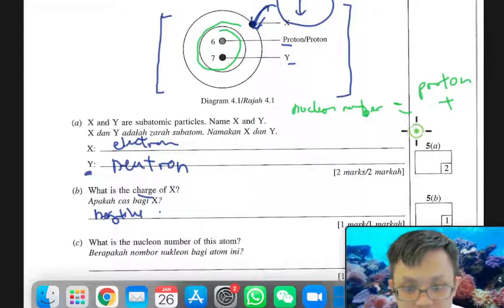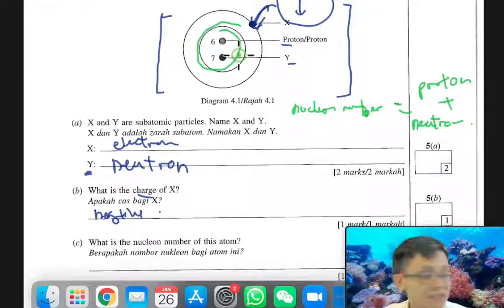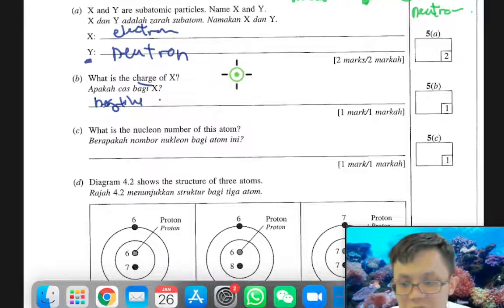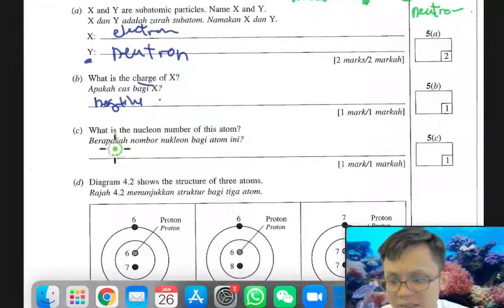Neutron. So proton plus neutron, 6 plus 7, how many will you get? 13. So the nucleon number in this atom is 13.